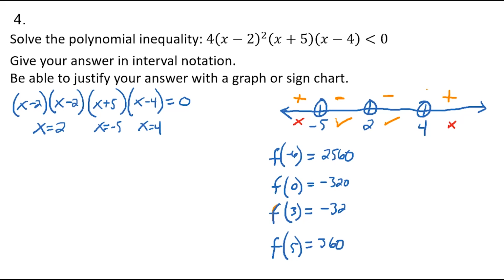Using my sign chart, I can see that I have two intervals here: negative 5 up to positive 2, and positive 2 up to positive 4. Graphing this is definitely where your graphing calculator is going to come in handy. So I'll sketch out what this looks like if you graphed it correctly.